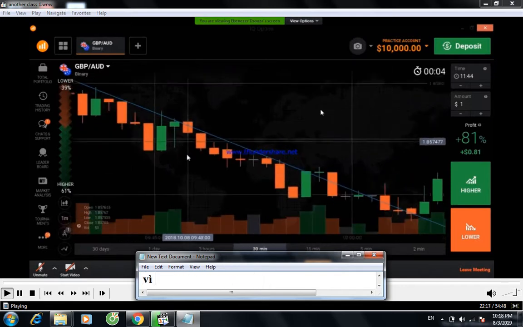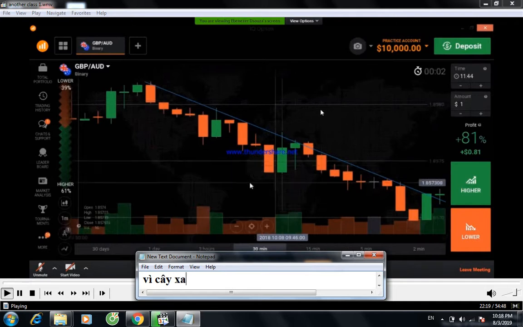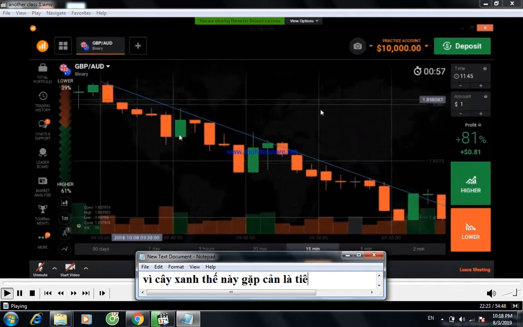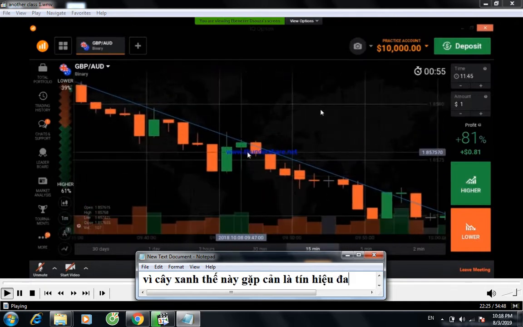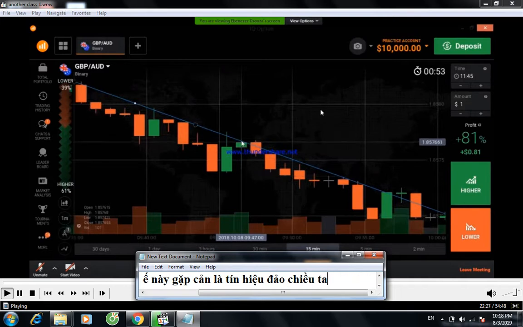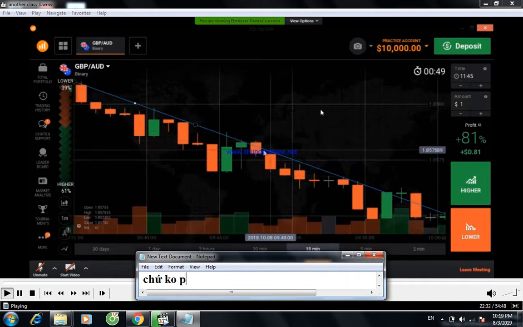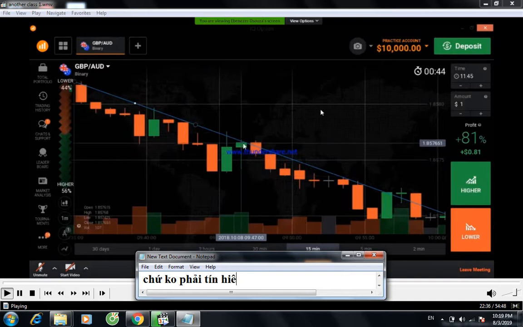Because this is resistance for this market, because this is downtrend. The market is moving in this range. We can take this as a reversal candlestick because it is at resistance level. Okay, we can take this as a reversal candle, not a continuation candle.